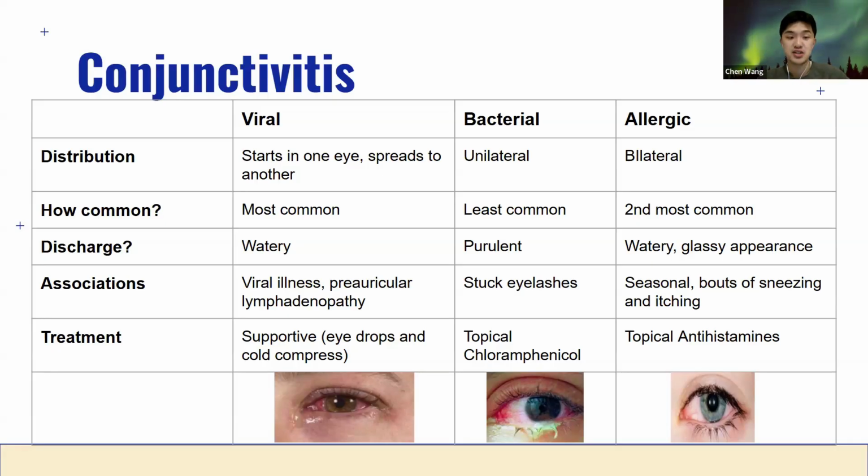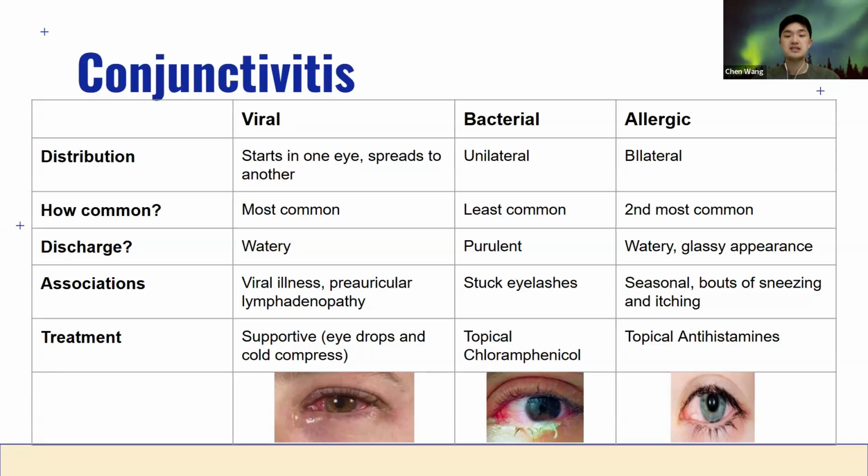It's a very common condition. The discharge is watery, you shouldn't see any mucus there, and it is associated with preauricular lymphadenopathy. So that's a very important clinical sign that's associated with viral conjunctivitis. For the management, it's mainly just supportive, so lubrication and also doing some cold compresses as well.